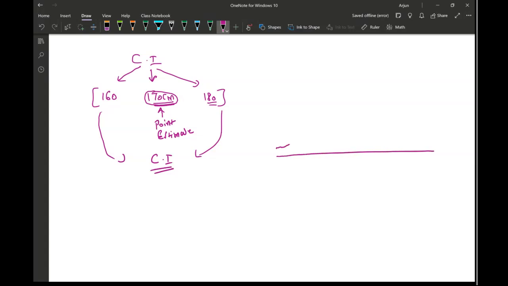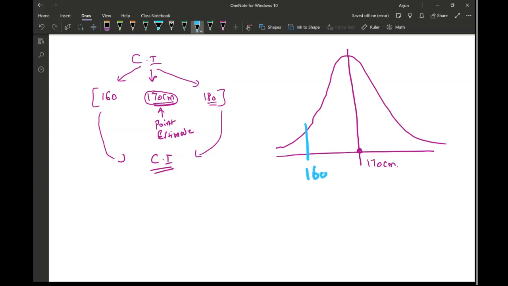So confidence interval, first of all, is always the middle portion from the mean. So if this is the mean value, which in this case was 170 centimeter, and the lower limit was 160 centimeter, the upper limit of this confidence interval was 180.